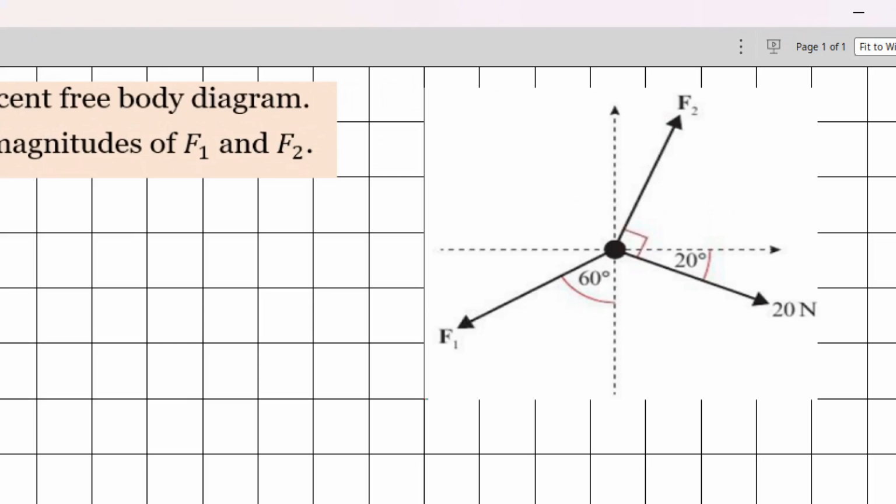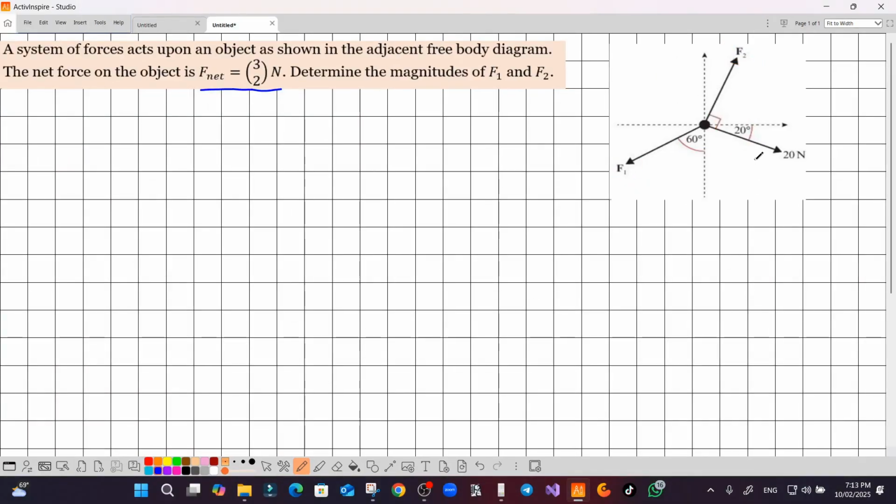According to this free body diagram, the magnitude of F2 as well as the magnitude of F1 are unknown. However, we have the angle corresponding with each of these forces as well as the angle between F2 and F3. So let me first denote the 20 Newton to be F3.